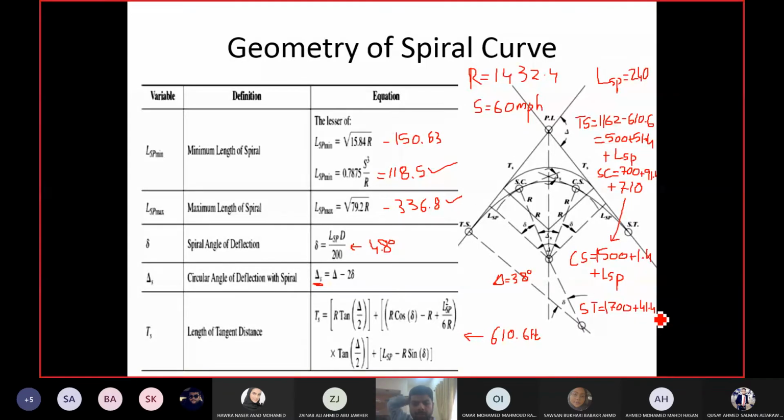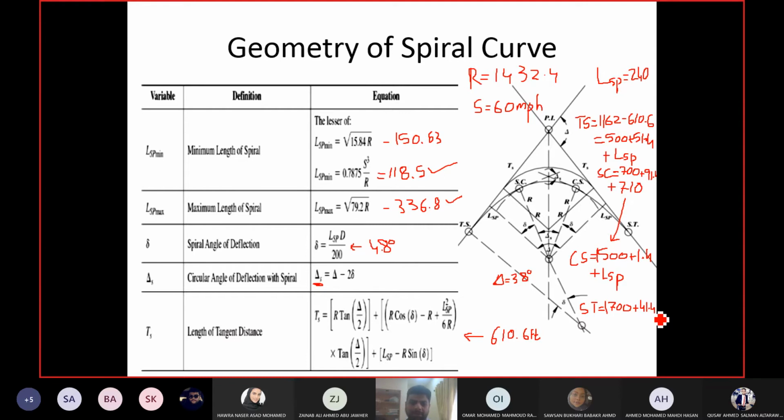Okay, any questions? We started with the calculation of the length of the spiral curve. We calculated the minimum and the maximum range, and within the range you can take the value from the table, or make it equal to LR, or make it equal to LR plus LT. In our case, all three values were in the range, so I went with the most preferred approach, putting LSP equal to LR. LR was 240 feet, so it became LSP.